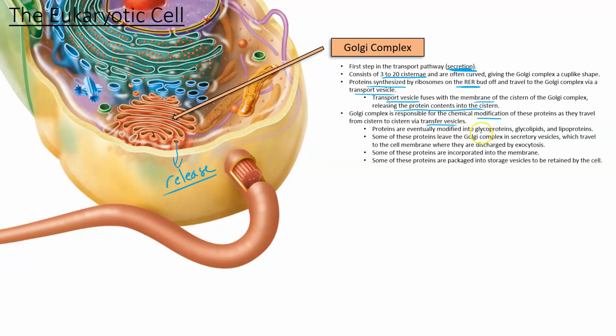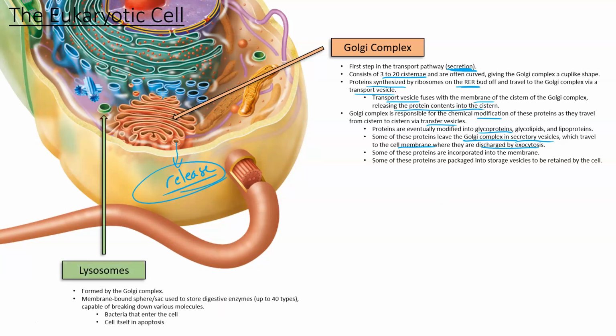Proteins are eventually modified into a variety of other proteins and lipid complexes before they are released from the Golgi altogether in a little pod called a secretory vesicle, which travels to the cell membrane where they are discharged by exocytosis, and that ultimately creates a release of protein products to the outside of the cell.